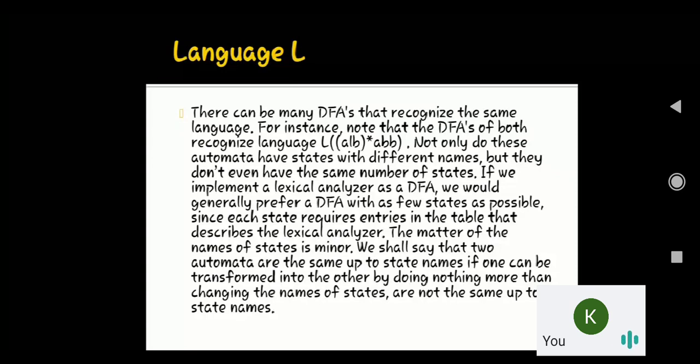For example, here we have a DFA with two states, state A and state C. These two states work in a similar way: they receive the same input and send the same output.